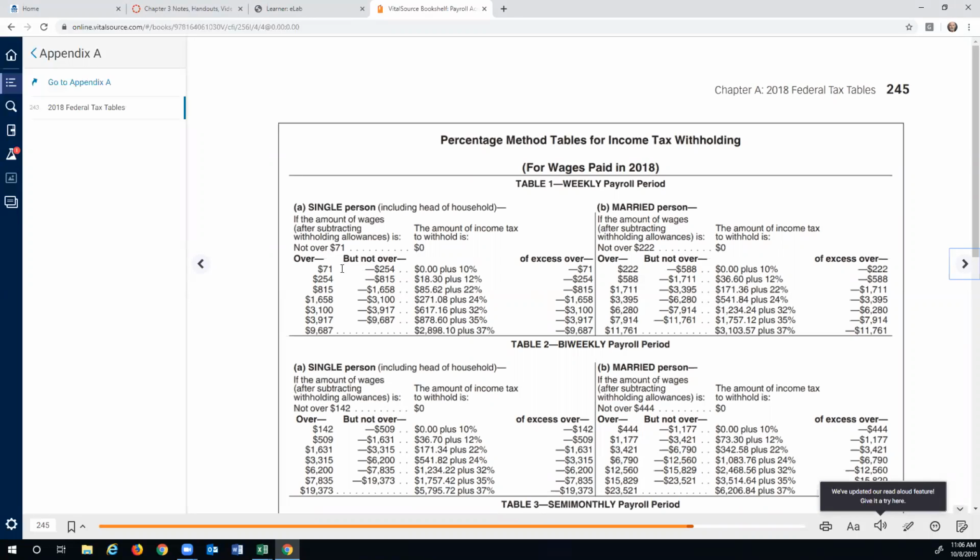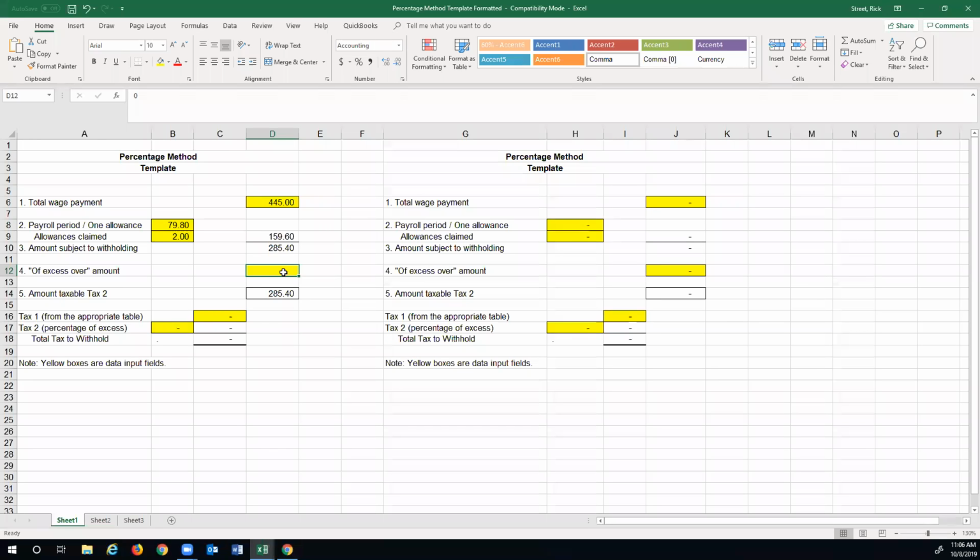We look here to see where 285.40 falls, and it falls on the second line. At that point, we know we need a number here, 254, and that number goes right here. All right, I'll explain what that 254 is in just a minute.